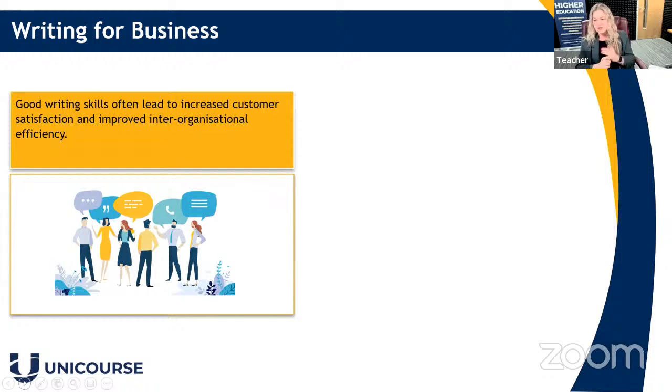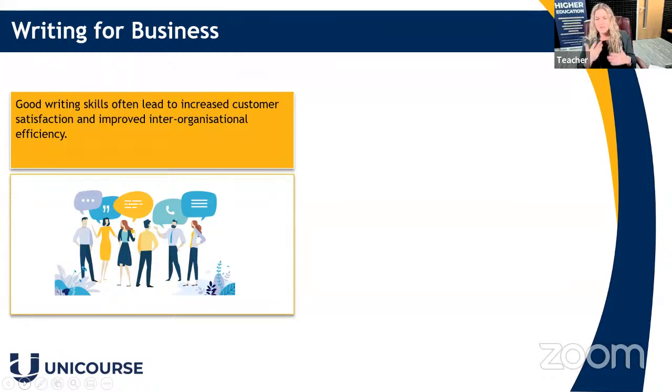So writing for business, how can we define that? Good writing skills, a good standardized focus and a professional layout can lead to good satisfaction and your company being looked at in a professional manner.